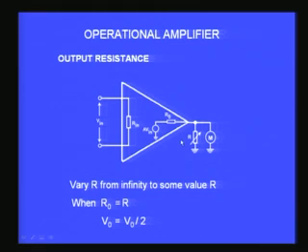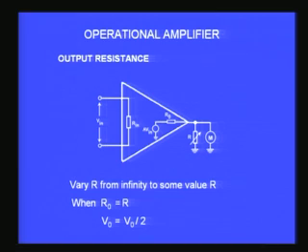I already mentioned to you in the table the typical value for 741 is 75 ohms, and therefore, this multimeter generally, if it is a digital multimeter for example, it will have a very high input resistance of the order of several megohms, and therefore, 75 ohms when it is in parallel to a large value of resistance, it is as good as 75 ohms. That value will not be affected by the resistance of the multimeter.